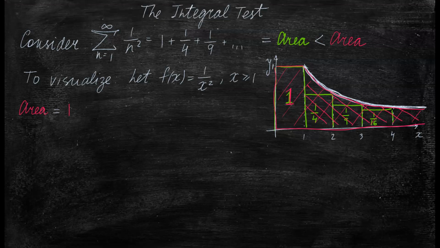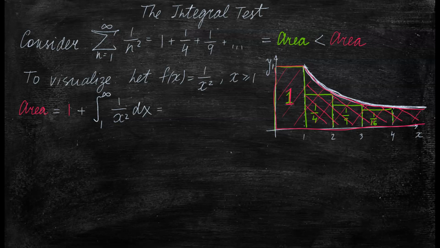And we know from calculus that the area under the function, even possibly infinite area, can be expressed as an integral, and in this case it will be the integral from 1 to infinity, which are the boundaries of that region on the x-axis, and we put the function inside of the integral, just like this. So this expression is what the red area is equal to. And now the only question that we have is, what is this integral equal to?